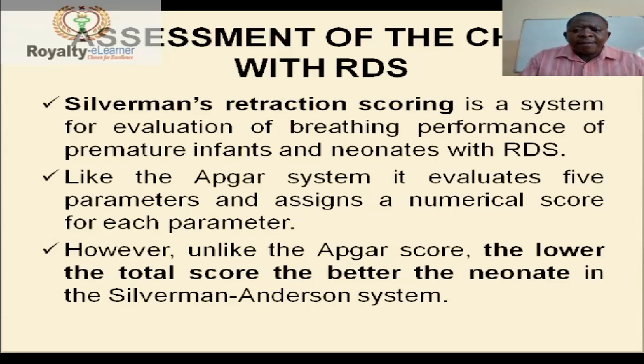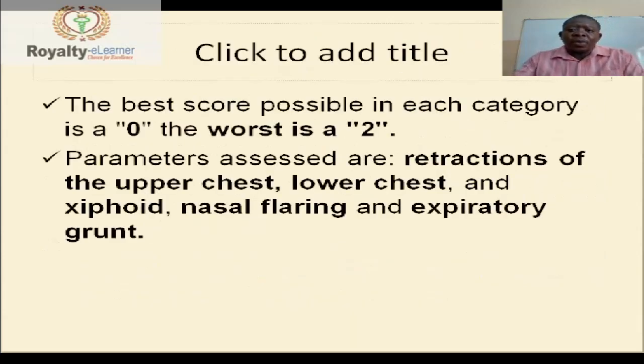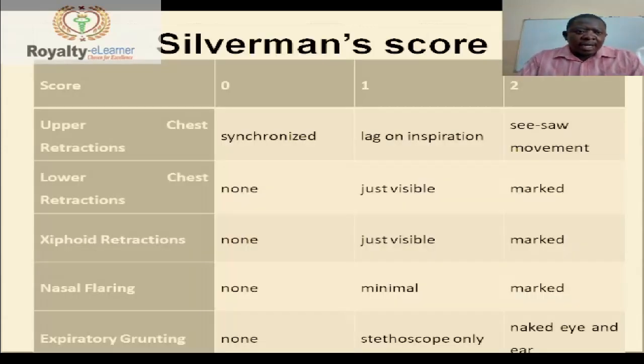However, unlike the APGAR score, the lower the total score, the better the neonate. In the Silverman-Anderson system, the best score possible is 0, and the worst is 2. Parameters assessed are retraction of the upper chest, lower chest, and xiphoid, nasopharynx, and expiratory grunt.